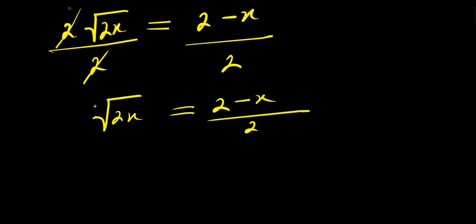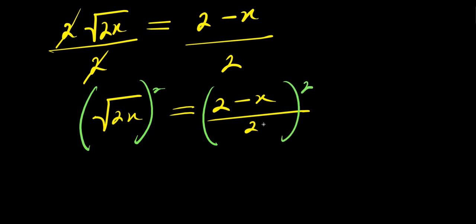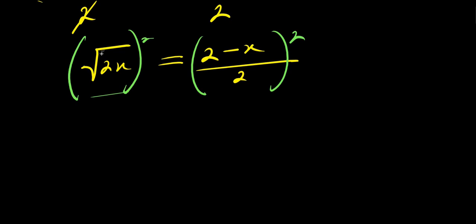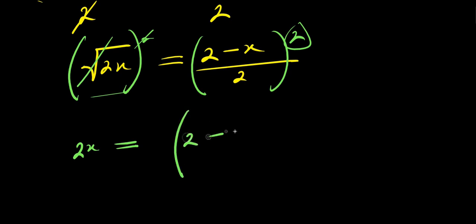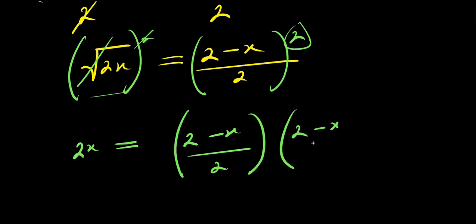So I can decide to take the squares of both sides of this equation. If you take the squares of this, eliminate this, I have 2x equals the square of this, which will be 2 minus x divided by 2 times 2 minus x divided by 2.